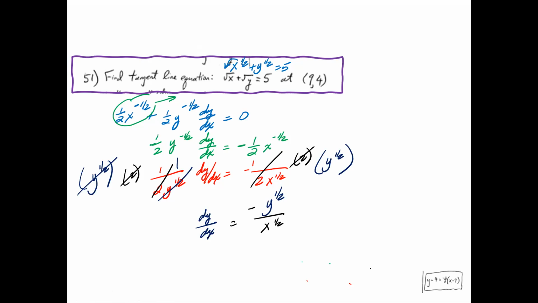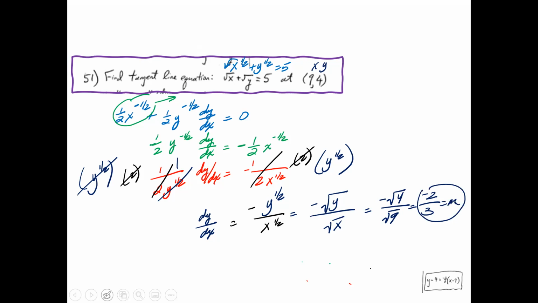So now I can go ahead and plug in the x and y, but I might want to rewrite it so it is in a radical form. And once I do plug it in, I have a negative square root of 4 over the square root of 9, which is a negative 2 over 3. And that is my slope.